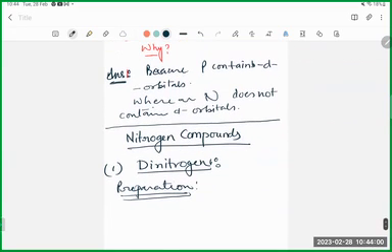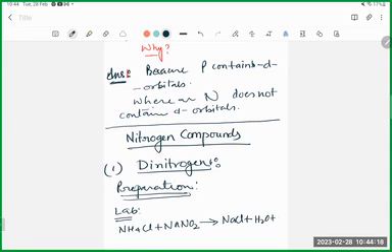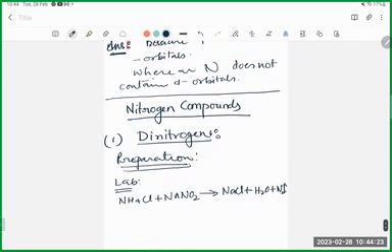So how is dinitrogen prepared? Ammonium chloride reaction. It's a laboratory method: ammonium chloride treated with sodium nitrite, NaNO2, gives NaCl plus water and liberates dinitrogen gas. This is how dinitrogen is prepared.